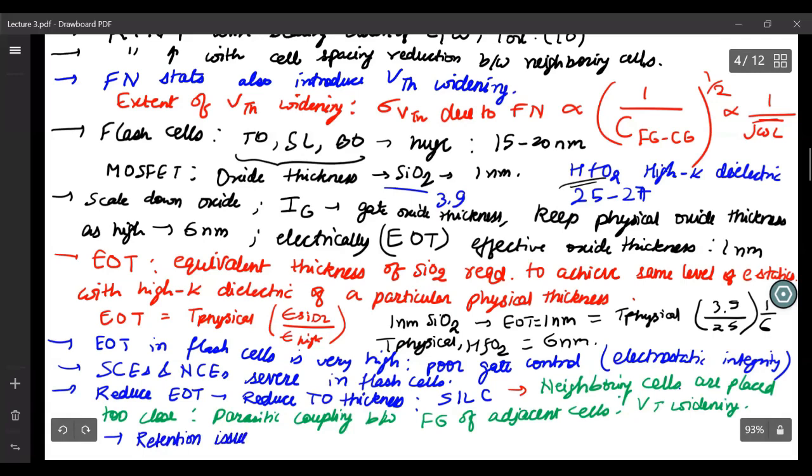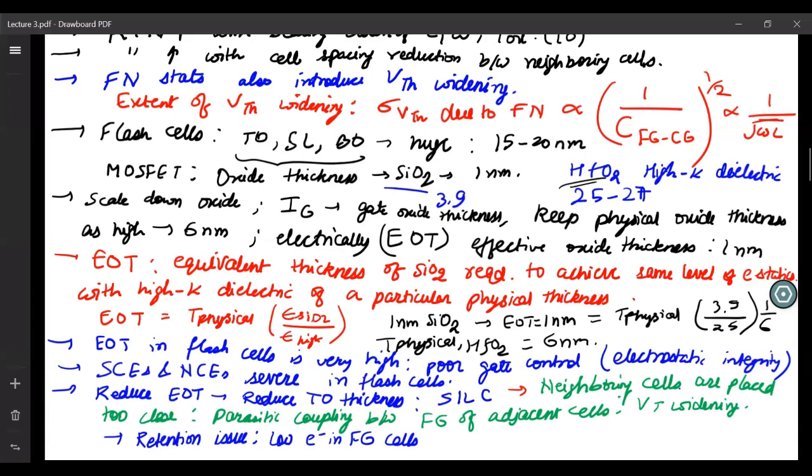Already there are a low number of electrons in the floating gate, and if some of these electrons leak, so let's say there are only 10 electrons and 3 of them leak, then you are only left with 67% of electrons dictating your threshold voltage. So you will end up somewhere midway between your programmed and erased state. These things are really making your flash cell sensitive to noise.